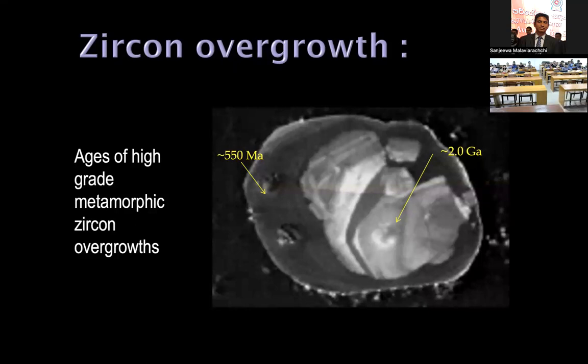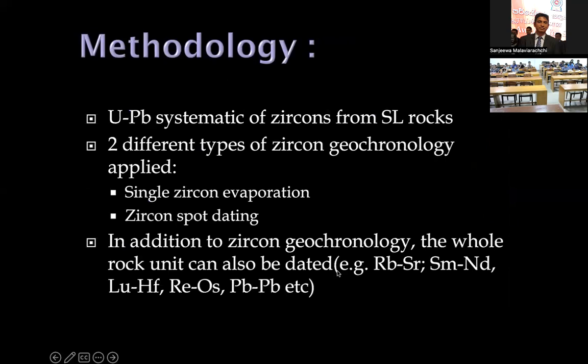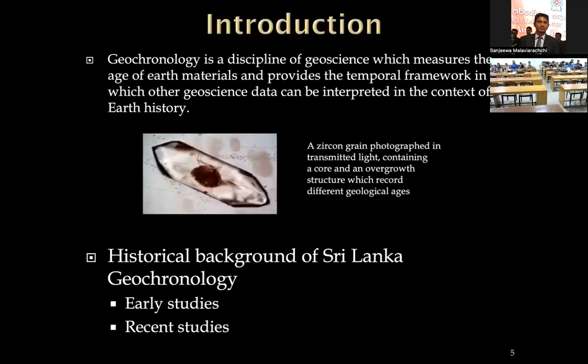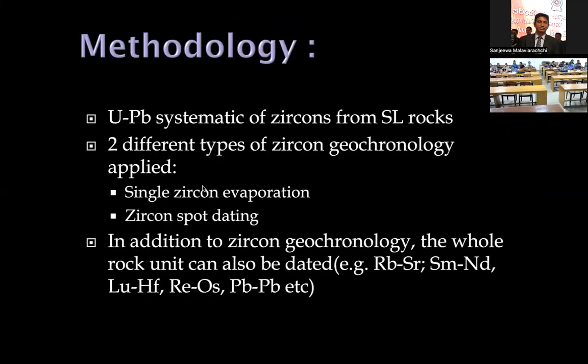I think you can remember last time we discussed the zircon overgrowth. That means metamorphism, right? So this is one image of a zircon grain. We use these zircons, as I mentioned in the previous lecture, in the mass spectrometer for the uranium-lead system, right?